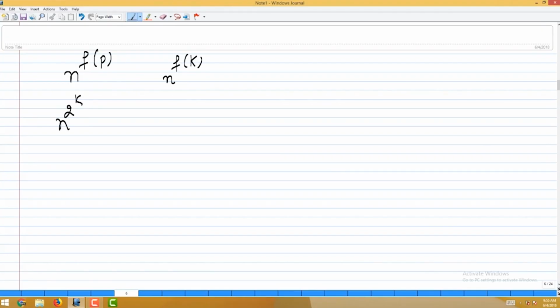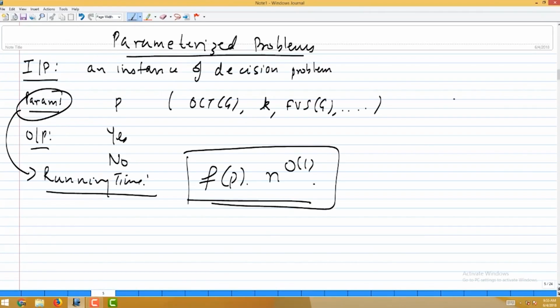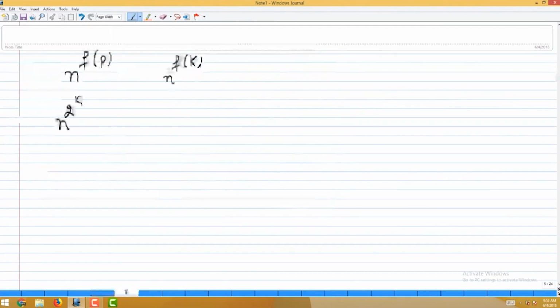So if I say that the algorithms I'm designing here have running time polynomial for any fixed parameter value, then even for these kinds of algorithms the running time will be polynomial for any fixed parameter value. Okay. But our aim will not be to design these algorithms.